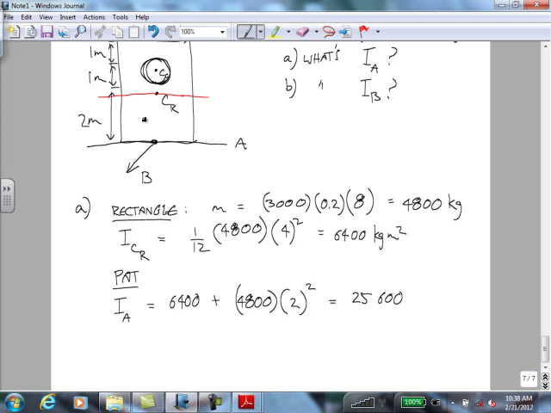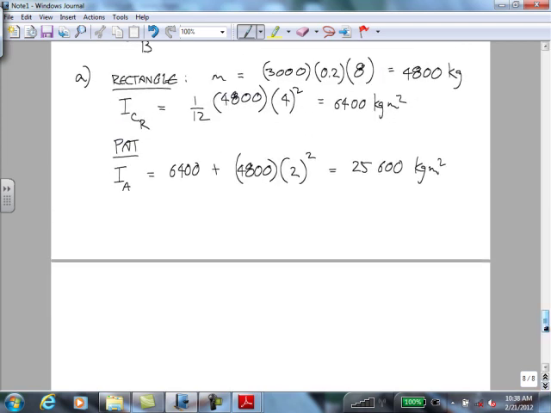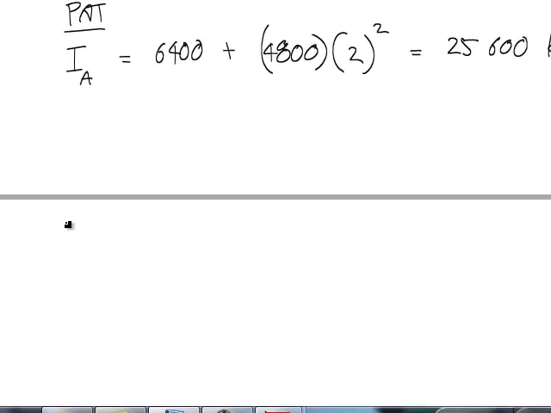Okay, so there's the moment of inertia of the rectangle about A. And now calculate the moment of inertia of the circle. Its mass is pi times the radius, 0.5, squared, times the thickness times the density.